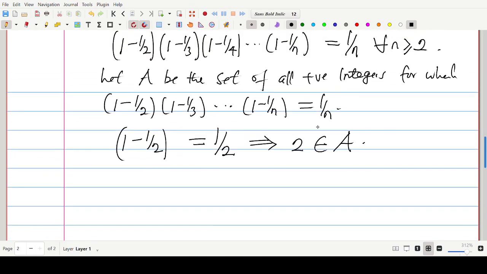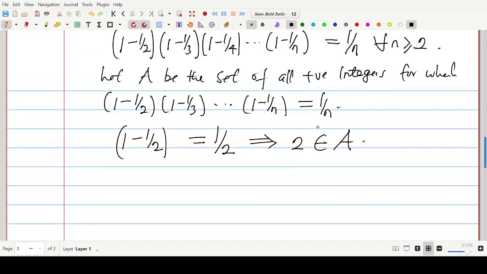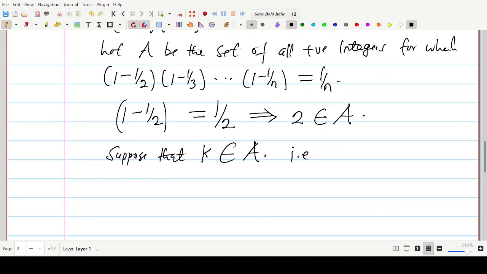And the next stage is the supposition stage. So we can suppose that k is an element of the set A. That is, the statement is true for a positive integer k. All right? That is, we have that (1 minus 1 over 2) multiply (1 minus 1 over 3) until it gets to (1 minus 1 over k) is equal to 1 over k.